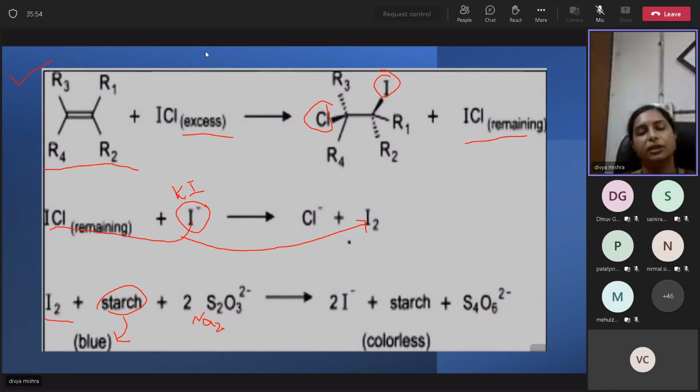As we gradually titrate with sodium thiosulfate, we get iodide released and free starch. So again, it will turn from blue to colorless.